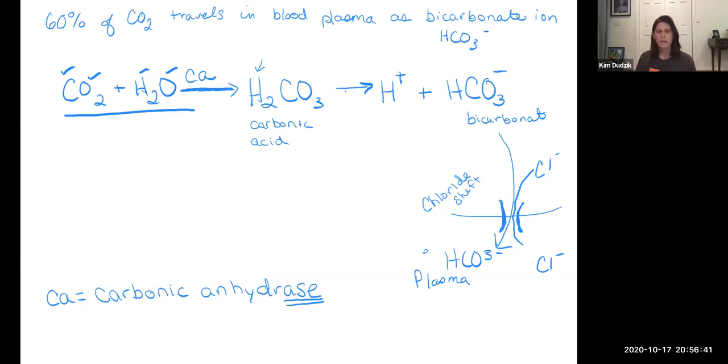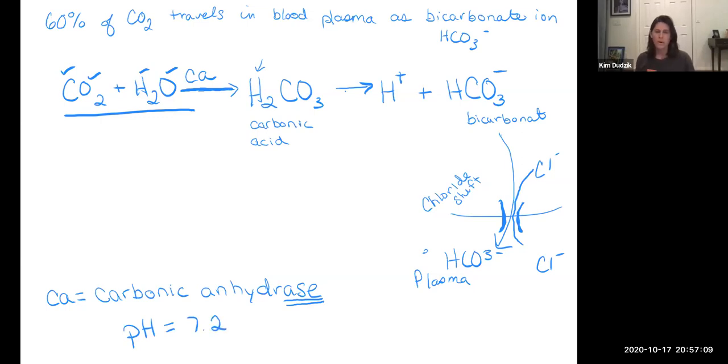So now your blood is coursing around with all this bicarbonate inside of it. Okay, and so remember that our blood has to maintain its pH. The pH of blood can't be too acidic. So the pH of blood is usually around 7.2, right?